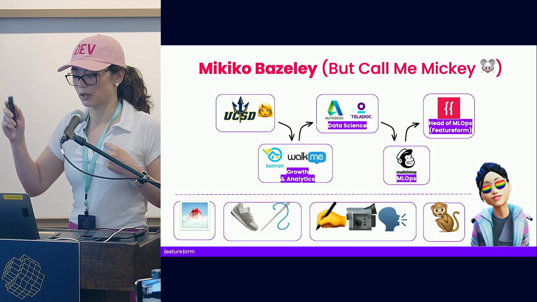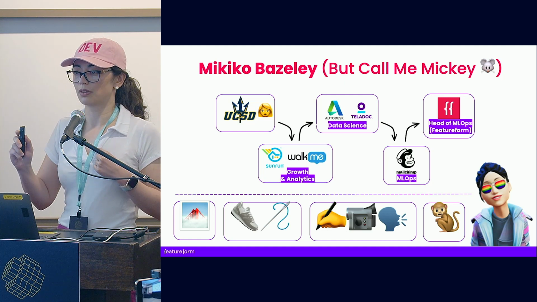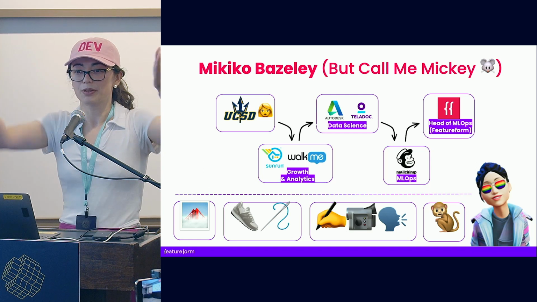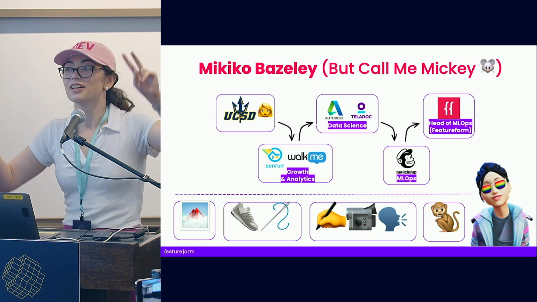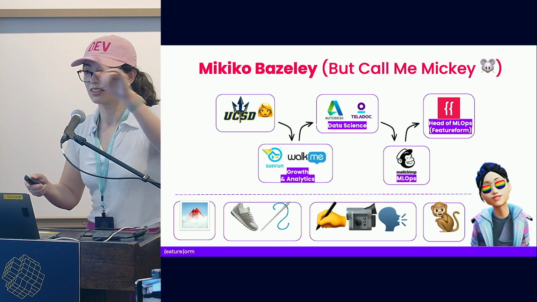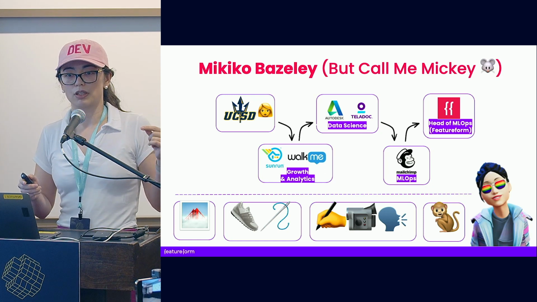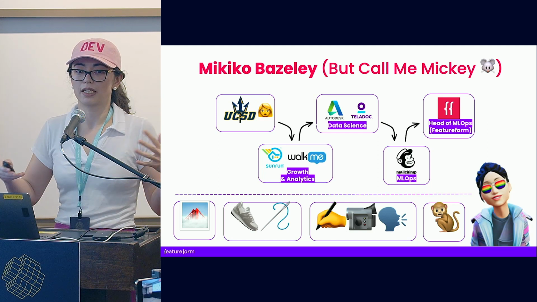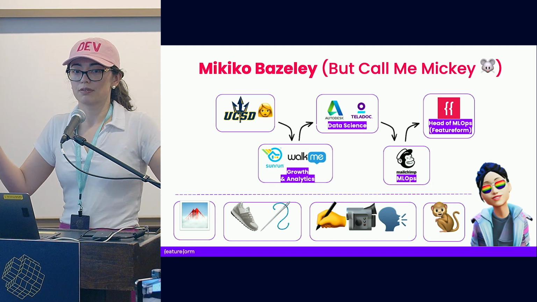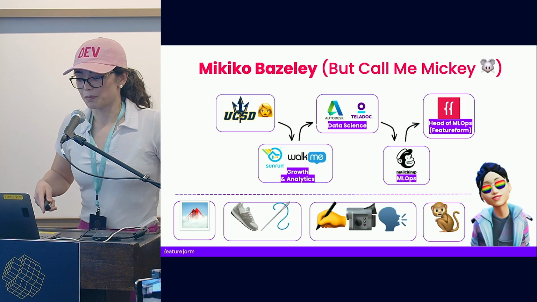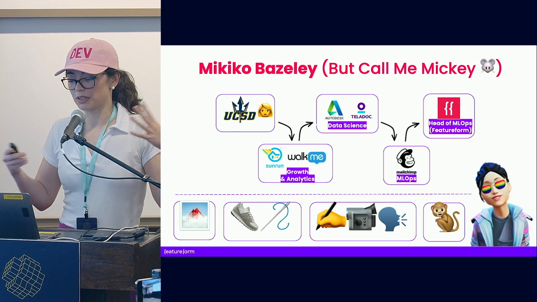Before I was at Featureform, I was working on the platform team for MLOps at Mailchimp. As a matter of fact, I have a former colleague, Emily, who will be doing 2 talks from now, so you should stay in this room and listen. She is awesome. Before MLOps at Mailchimp, I was doing various roles in data science and data analytics, or what I like to think of as working the full value chain of data to ML. I've also worked at a bunch of different startups.